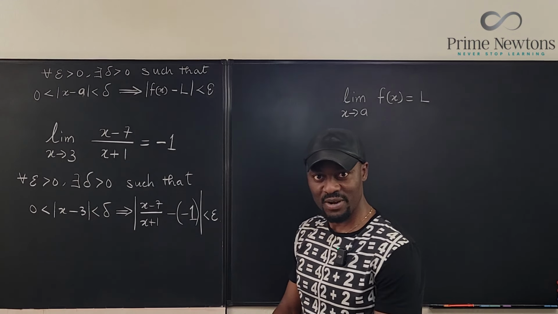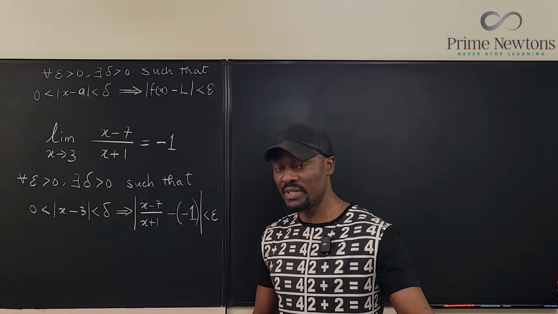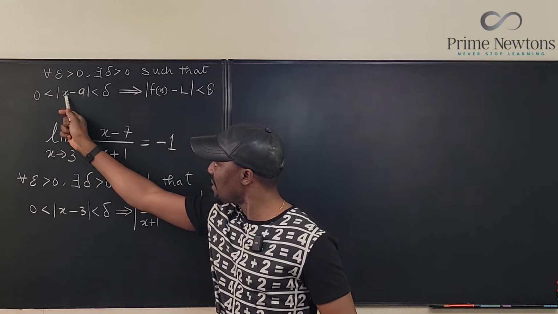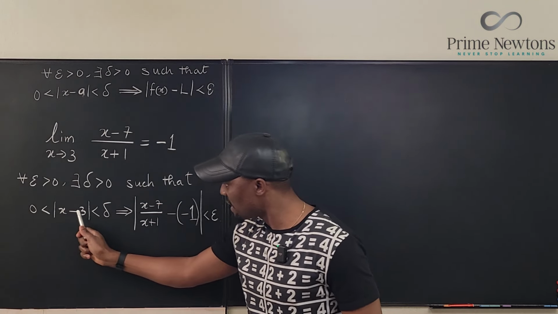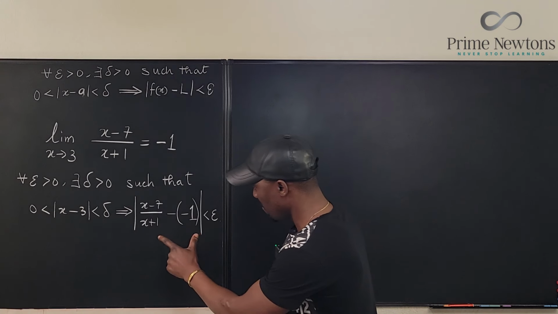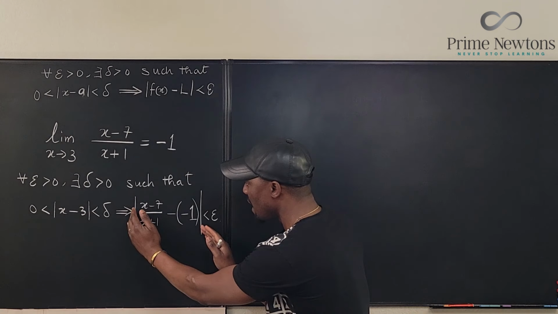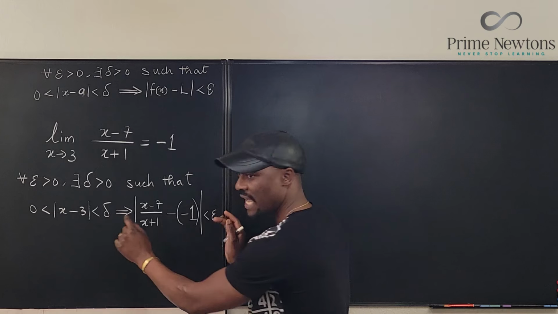This is beautiful. Like I said in other videos on epsilon-delta proofs, your focus should always be on this. See this statement? That's the key to everything you're doing. You want to make sure you can get x minus 3. And you're going to start from this side. So you're going to say, if I'm talking about this, then I want to be able to find a delta.